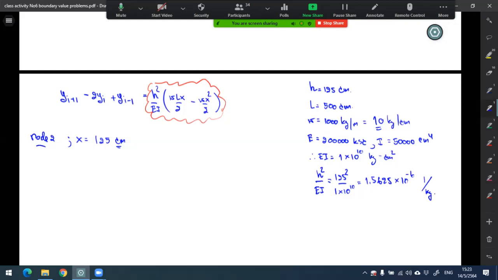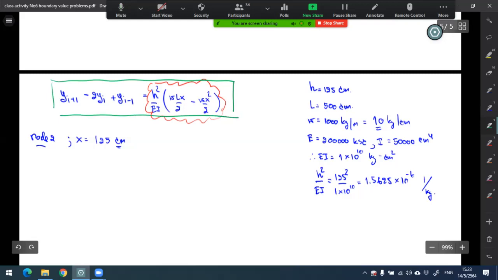Now we start with node number 2. For node number 2, from this equation, we obtain the equation of y3 minus 2y2 plus y1.